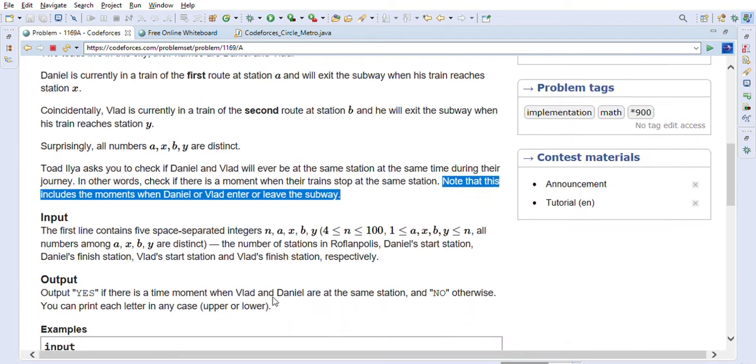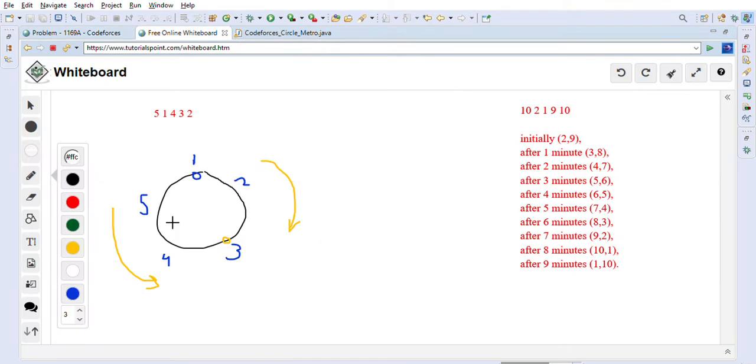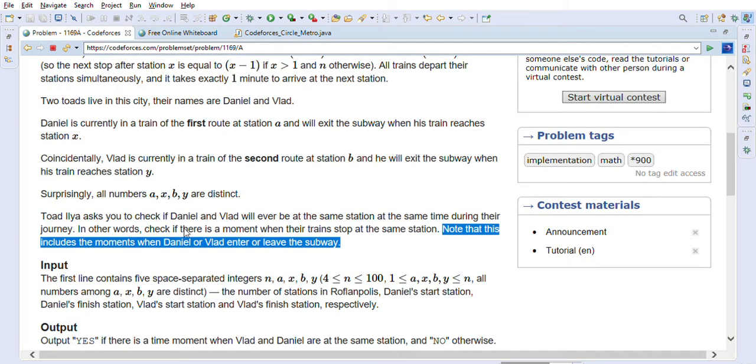So this is the problem statement. What it's basically saying is one train is going in this direction, another is going in the opposite direction, and we want to find out if there is any intersection, in the sense that the two trains will stop at the same stop at the same time. So that's what we have to find out.